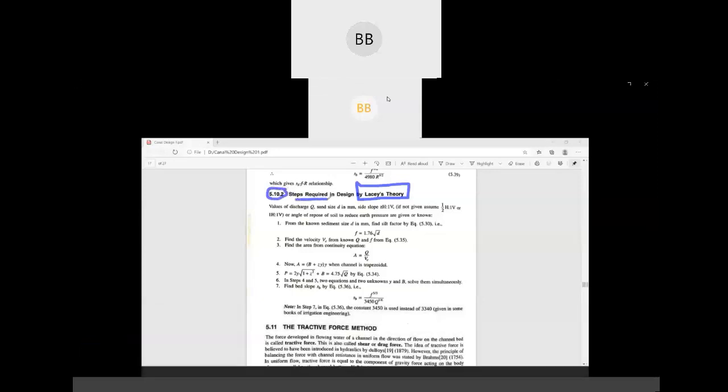So please write down the steps required in design by Lacey's theory. I think the steps are visible. Kindly write it down, because when you solve numericals, these steps are required.